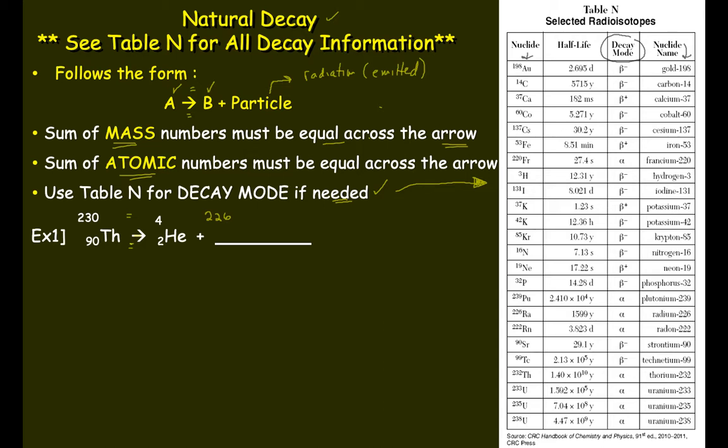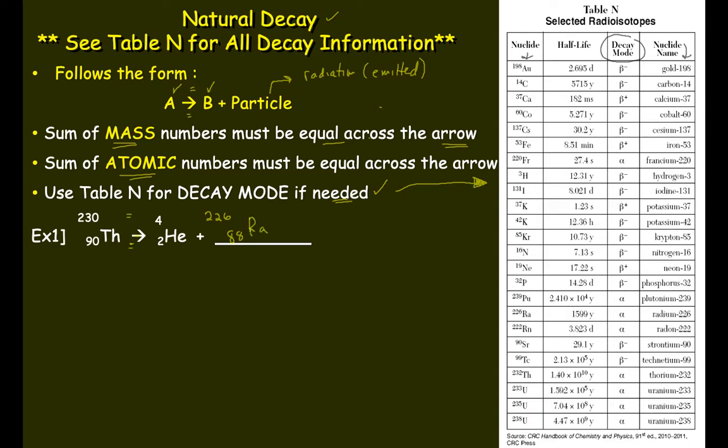So 226 plus the 4 is 230, okay? And I like to think of what number plus 2 is 90, and I think of that being 88, okay? And if I look this up, this would be radium in that case.